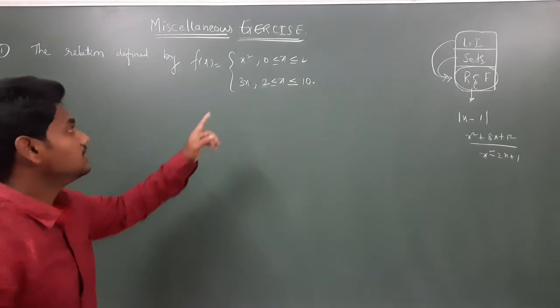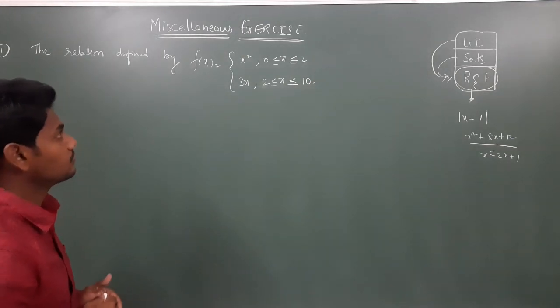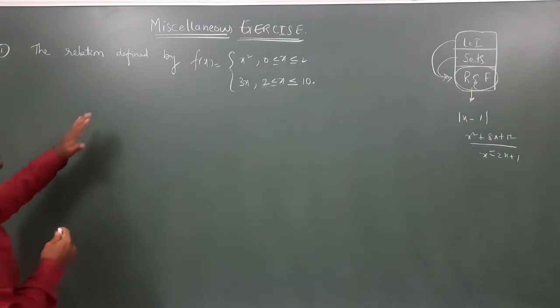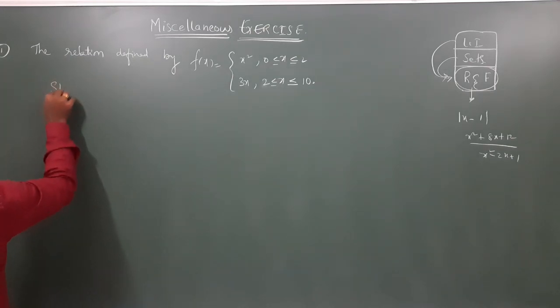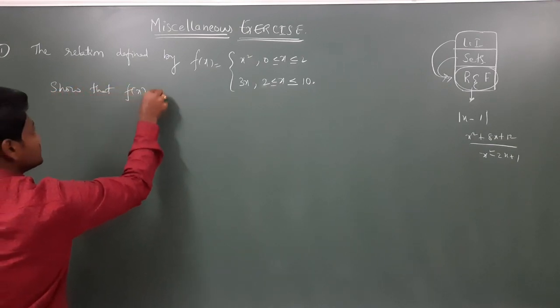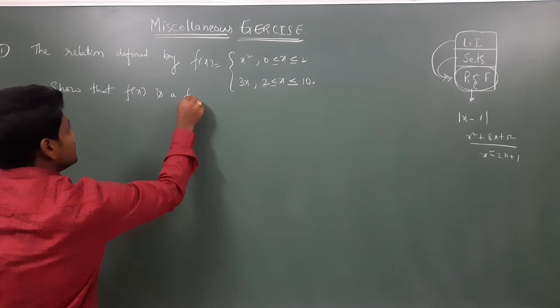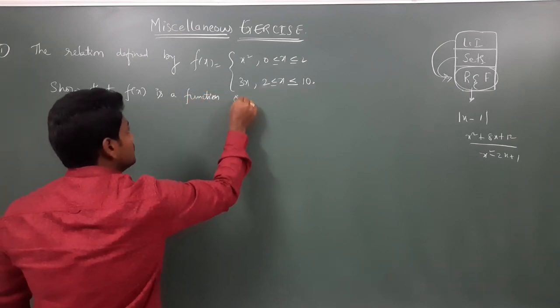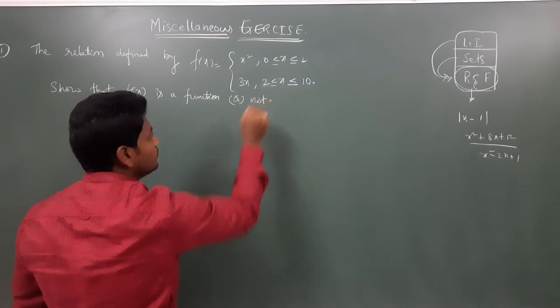If this is the question, then what they are asking is to show whether f of x is a function or not. You need to find whether it is a function or not.